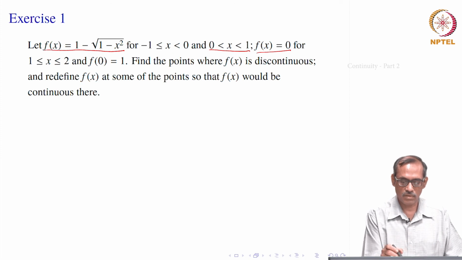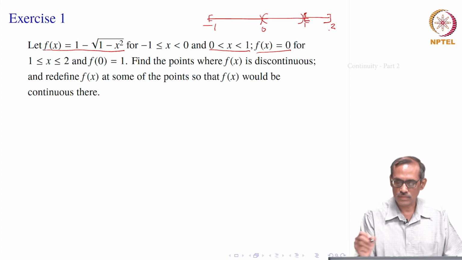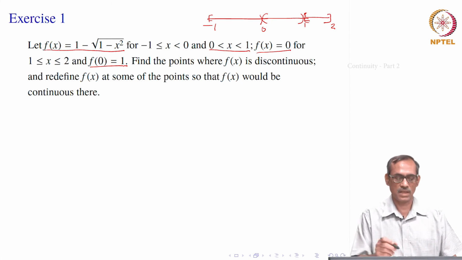Okay. So, we have 3 kinds of intervals, -1 to 0, then 0 to 1, and then from 1 to 2. So, all that we have left is f of 0. So, f of 0 is defined separately as 1. That is how it is defined.